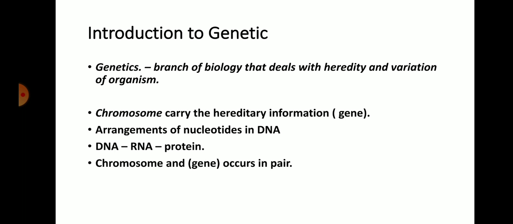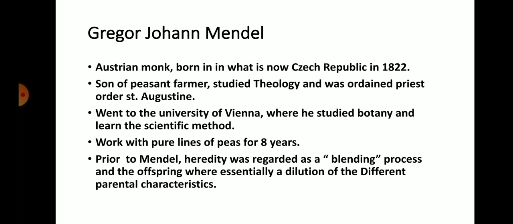Basically all these concepts were put forward by Gregor John Mendel, who is also known as the father of genetics. Mendel was an Austrian monk born in the Czech Republic in 1822. He was the son of a peasant farmer who studied theology and joined the order of Saint Augustine.